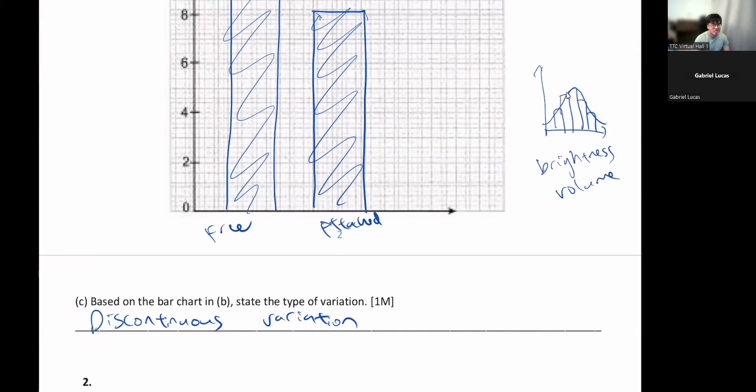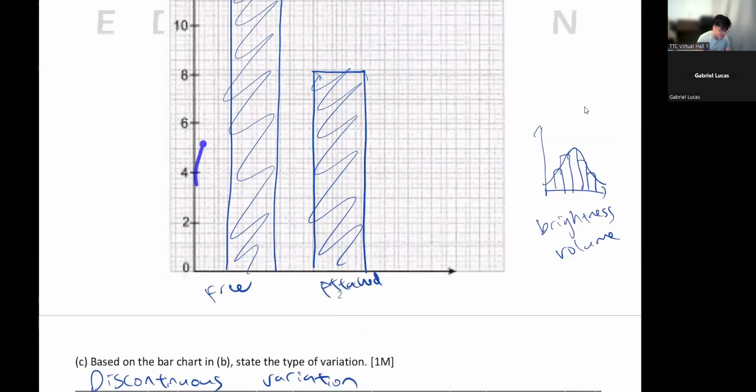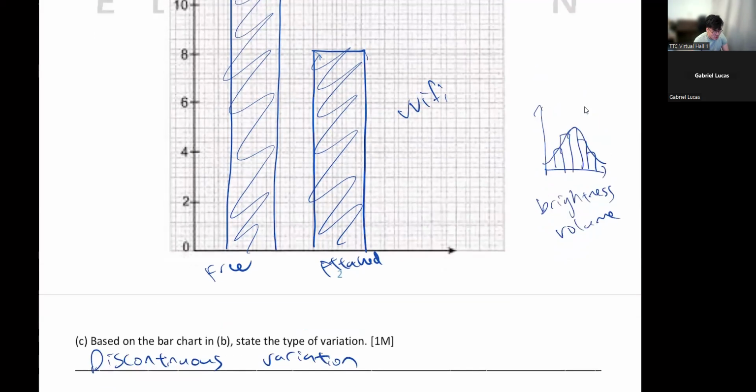And then the discontinuous one is very easy to tell. This is like your Wi-Fi. When you slide down your setting, that's the Wi-Fi. There's only two things you can do. You can either switch it on or you switch it off. There's no in between.